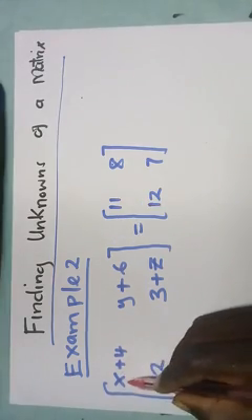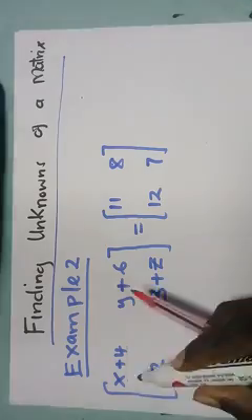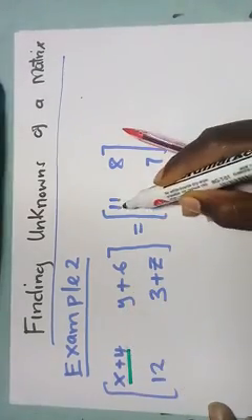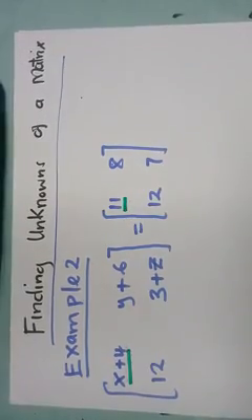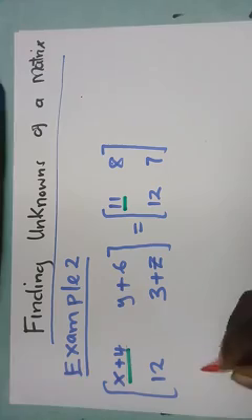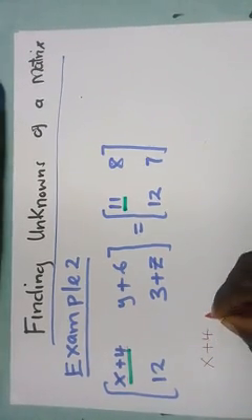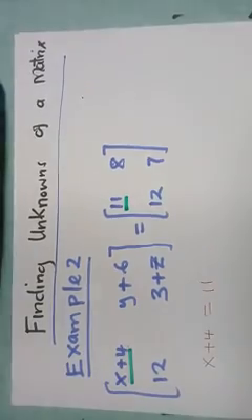Therefore, this element 1, 1, we shall equate to element 1, 1 because they are separated by an equal sign. Therefore, we can say that x plus 4 is equal to 11.